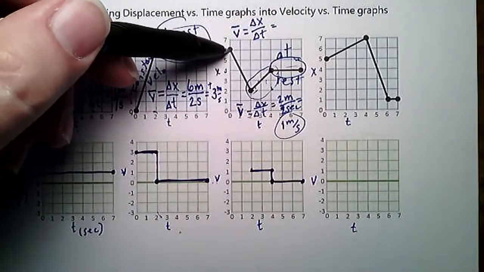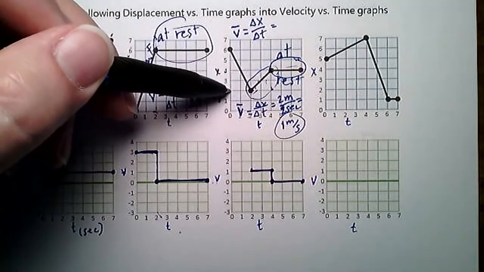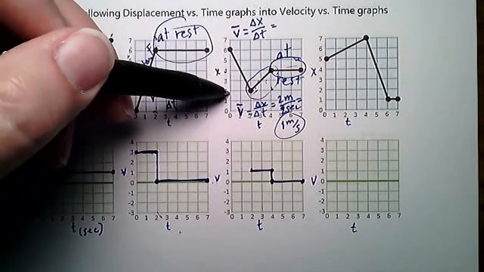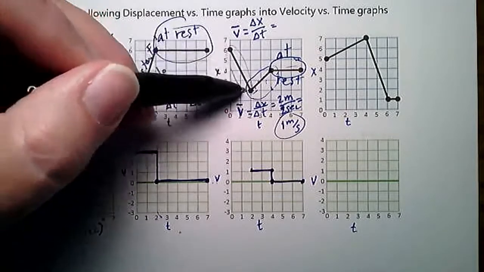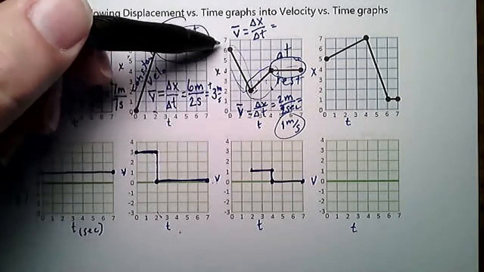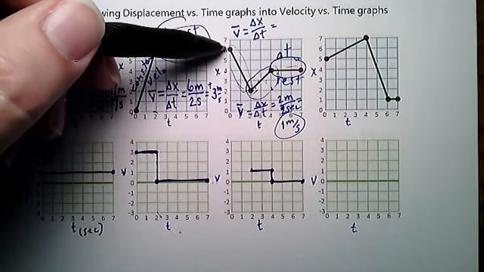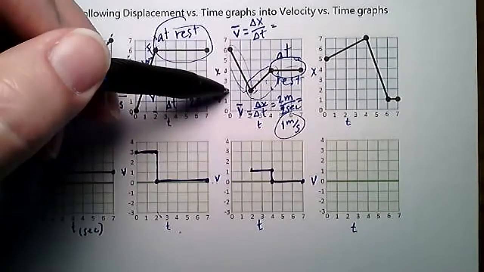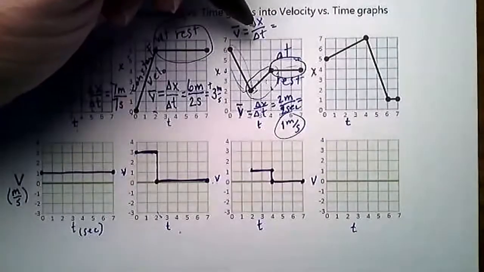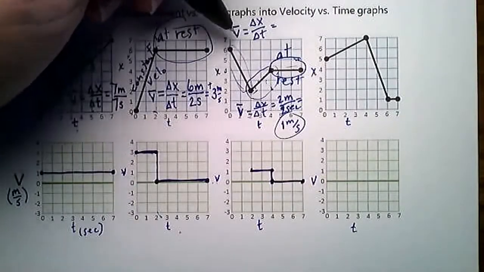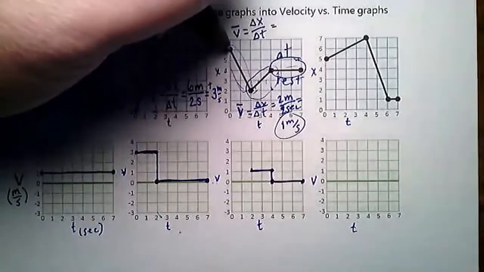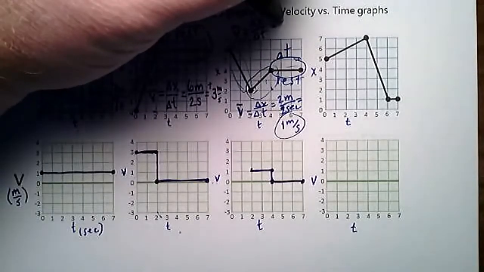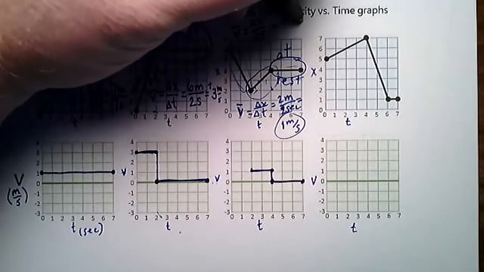Well, I went from 6 down to 2 during this space here. So what's that change? If I go from 6 to 2, I must have taken away 4. It's basically 2 minus 6. Because it goes from 6 to 2, the change was negative 4 meters.